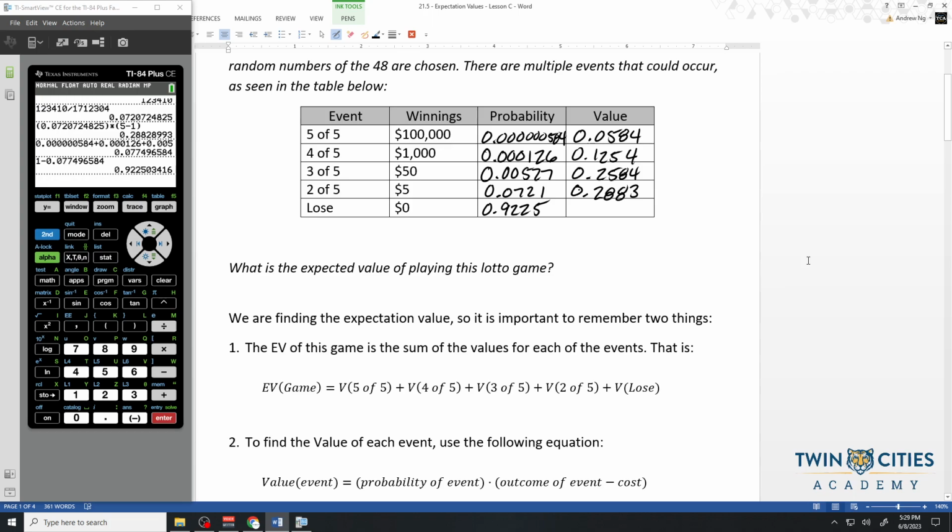You only win about 7 to 8% of the time. Well, the value of you losing is the probability of you losing times the outcome. I get $0, but it's still minus $1 to play. So this is negative 0.9225.